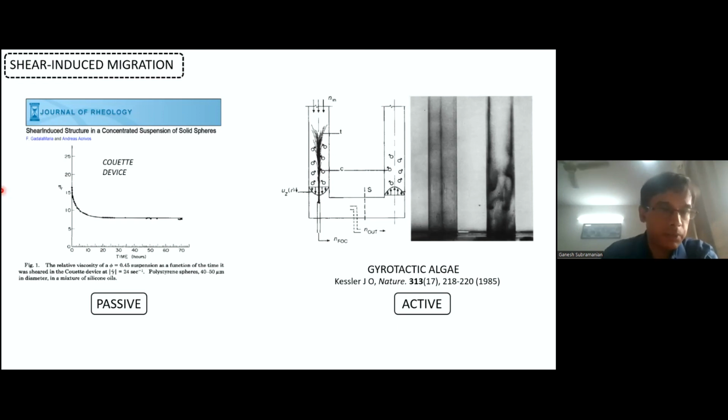And you can see what's plotted is the relative viscosity versus time, where the viscosity undergoes a gradual decrease with time. Okay? And notice that it's very gradual. The time scale is of the order of hours. And the viscosity decreased because the authors finally found out that the spheres were migrating from the high shear region, which is the gap in their experimental Couette device, to the low shear region beneath the Couette cylinder.